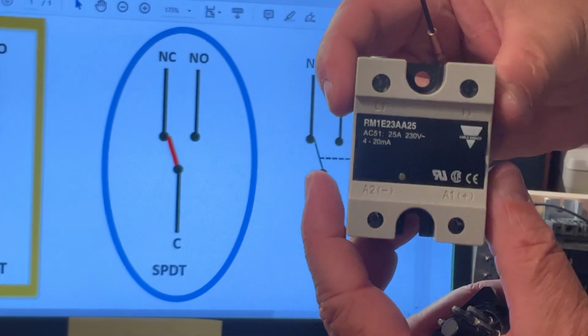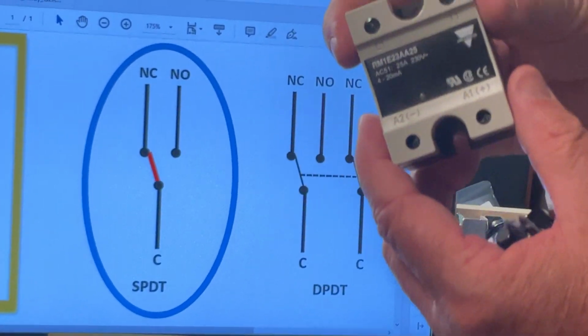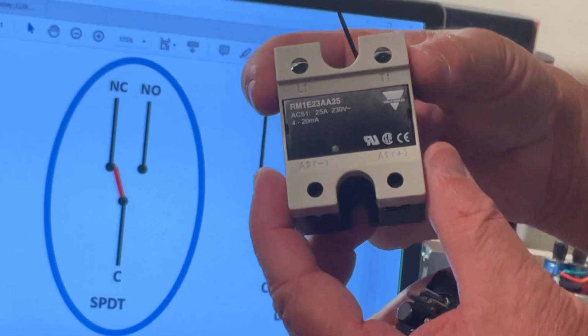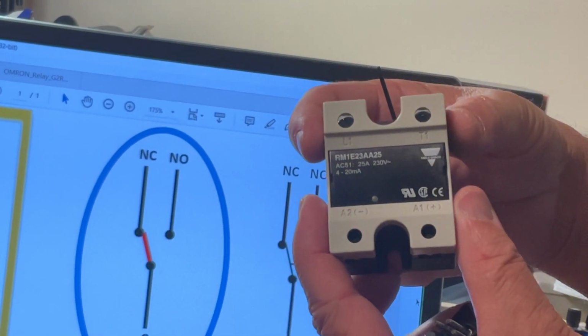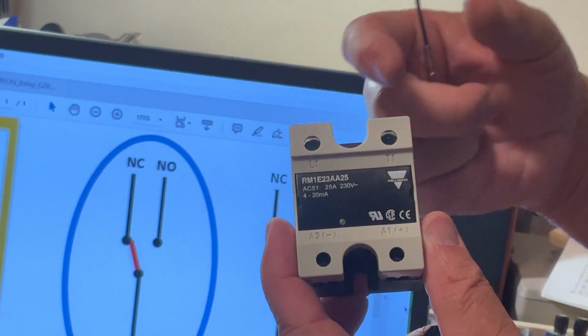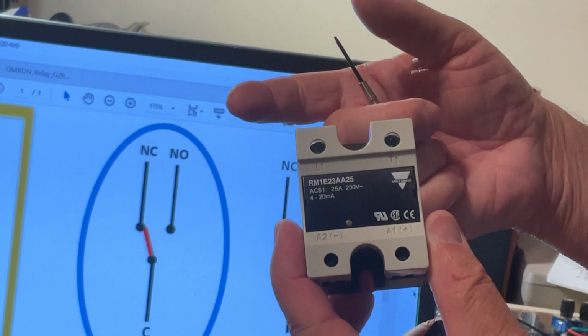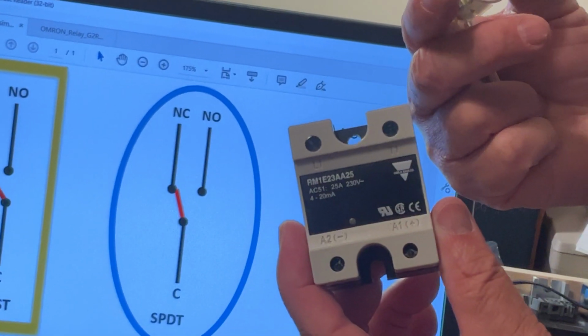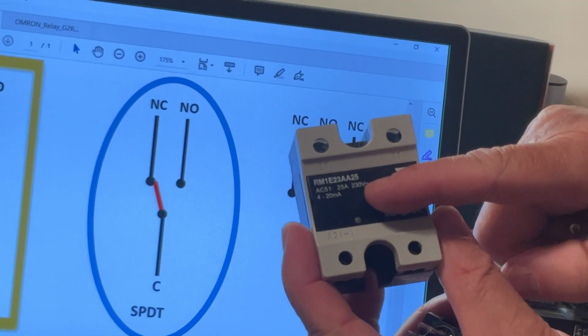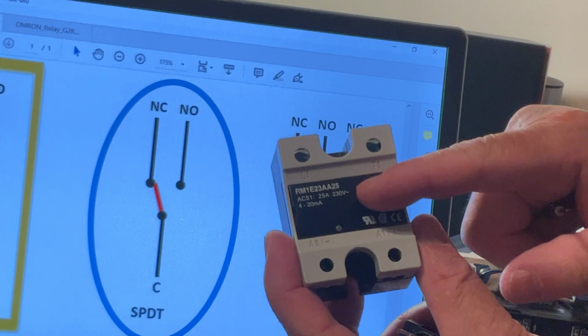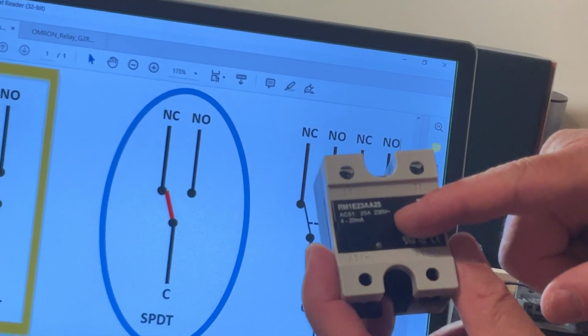So maybe the name is not very proper because it's not a relay actually inside, but when it was called solid-state relay, it was because of the function. Why? Because it is an electronically controlled switch, exactly like a traditional electromagnetic one. And it's called solid-state relay again because it does not have physical contacts inside. It's made of semiconductors.